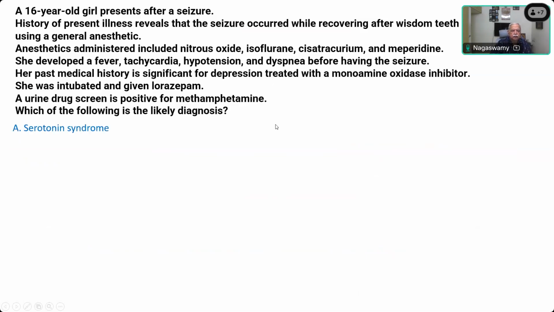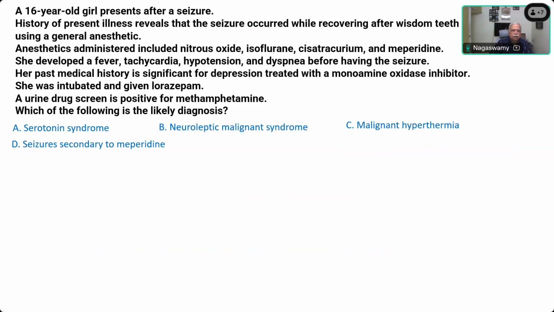The options are serotonin syndrome, neuroleptic malignant syndrome, malignant hyperthermia, seizure secondary to meperidine. Serotonin syndrome. Any other option? They say they use meperidine, and the patient is on monoamine oxidase inhibitor.